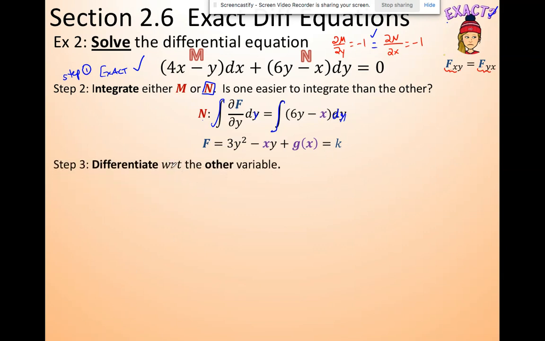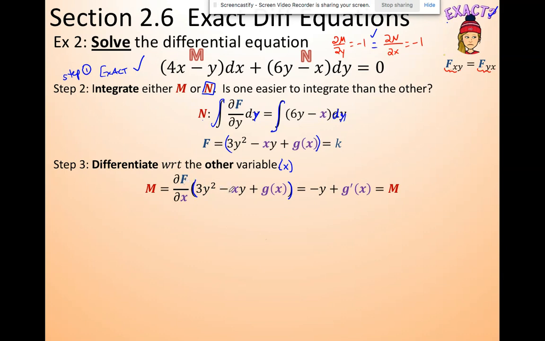Now I'm going to differentiate with respect to the other variable. I anti-differentiated with respect to y. Therefore, I'm going to differentiate with respect to x. So differentiate f, a function I can't see, with respect to x, but I already know its partial derivative is M. And remember, the derivative of the constant is equal to 0.